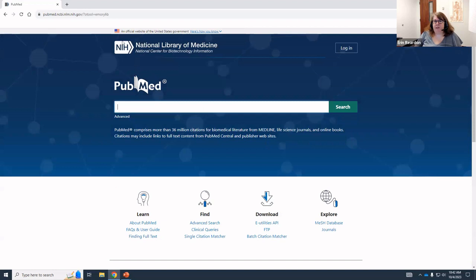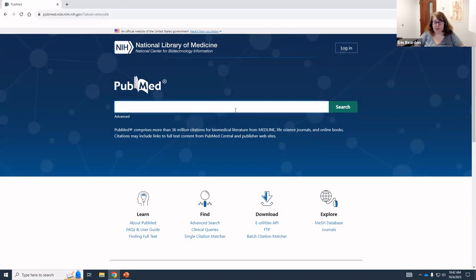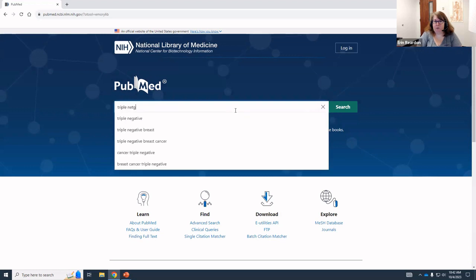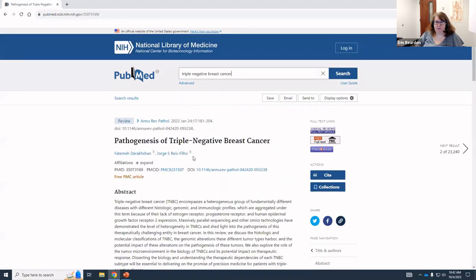The reason you want to go from the library's website is because then it tells PubMed that you're affiliated with Emory. You can see here in the URL, EmoryLib. That means that when you search for triple negative breast cancer and find an article that you want to read, you would click this Find It at Emory button, and that will try to find the article in our catalog.